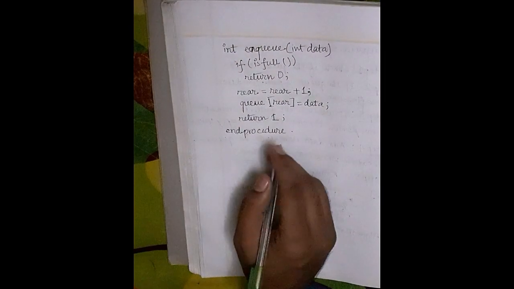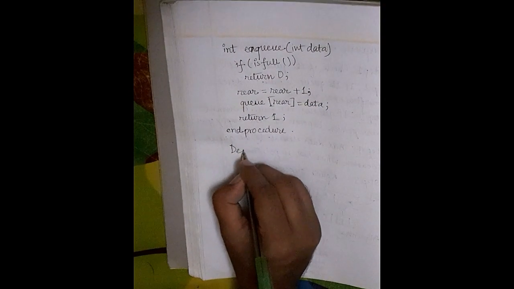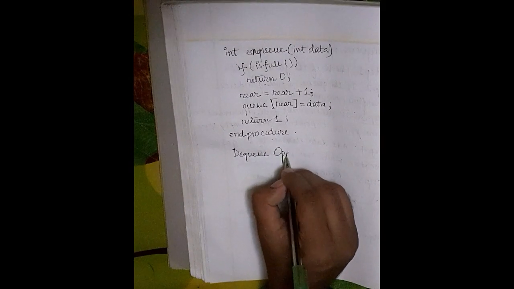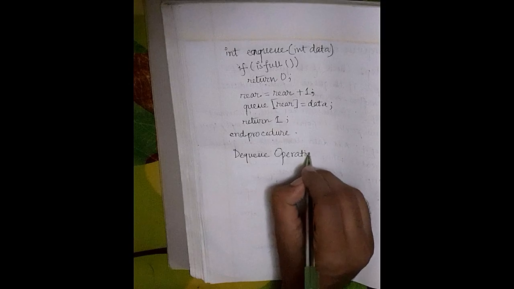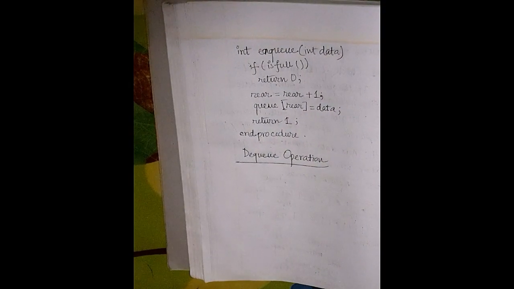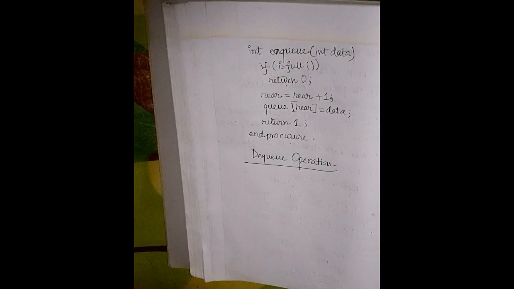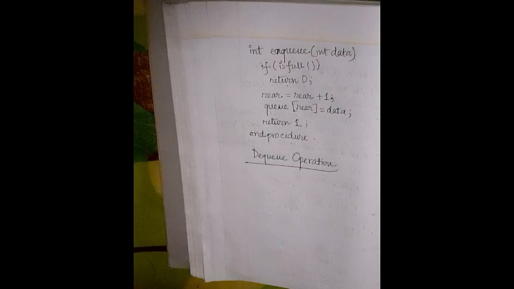Till now we talked about the NQ operation. Let's get into the DQ operation now. DQ. Right. So like the NQ operation, here also 5 steps are involved.